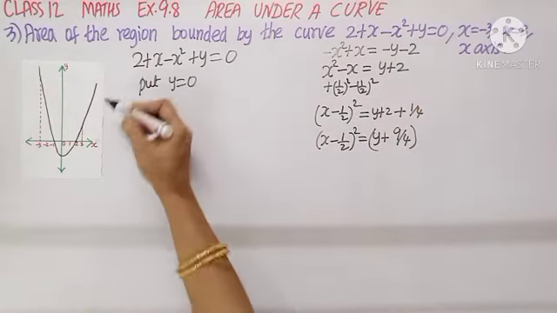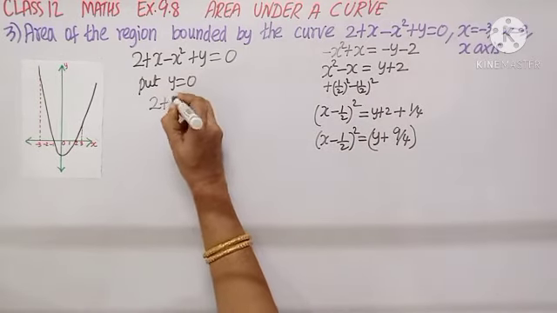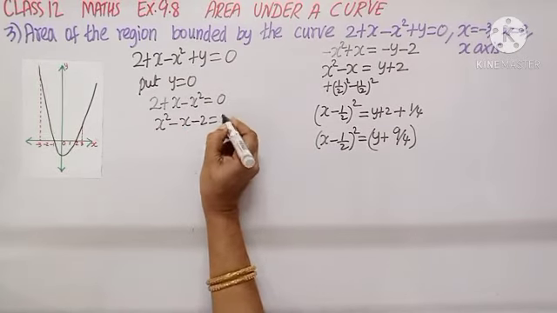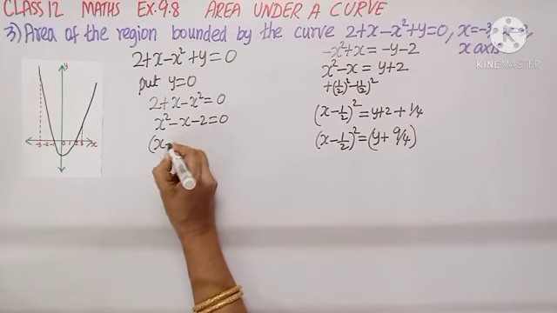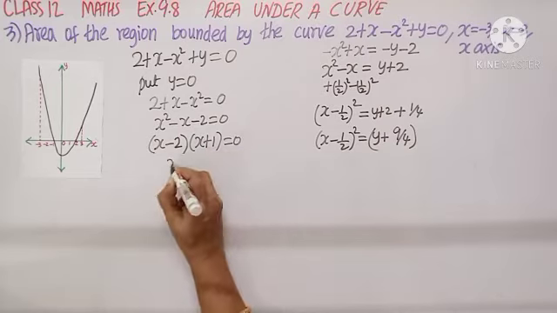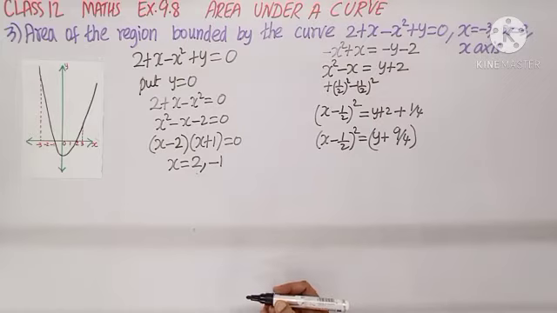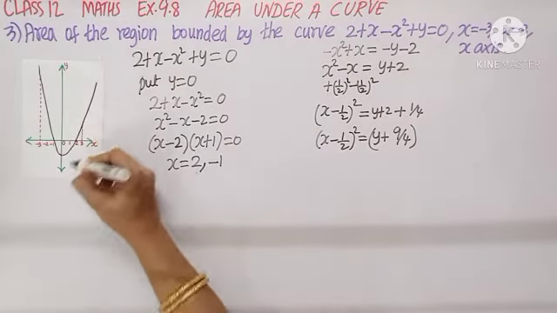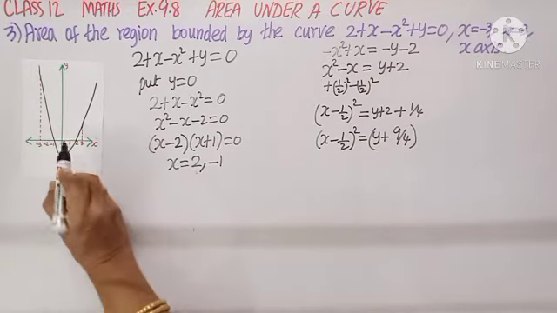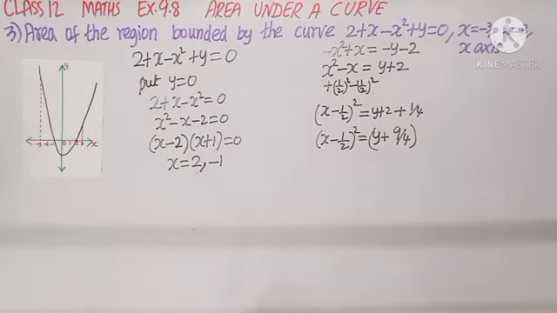Once I know what pattern it is, put y equal to 0. I get 2 plus x minus x square equals 0, or x square minus x minus 2 equals 0, or factorizing, x minus 2 into x plus 1 equals 0, so x is 2 and minus 1. So the curve opens up cutting the x-axis at 2 and minus 1. We have drawn a rough sketch of the diagram.